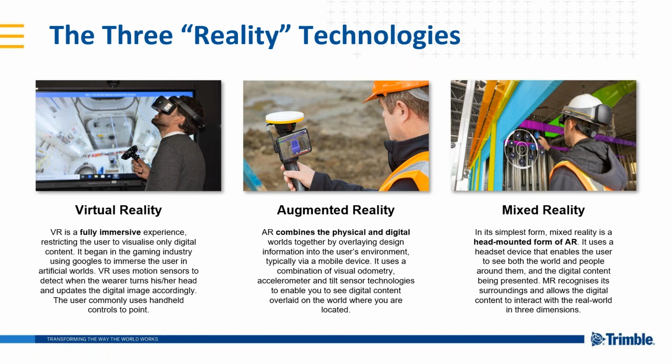And then completing the terminology, there's another term you might have heard called mixed reality, which is very similar to augmented reality. The way that we in Trimble define mixed reality is it's similar to AR, but it's a hands-free experience, and it's in a more confined environment as well.